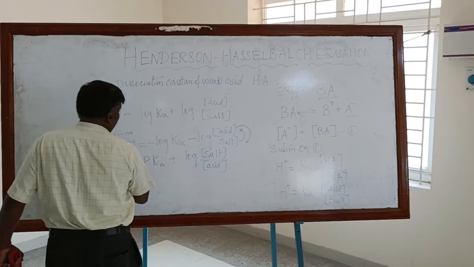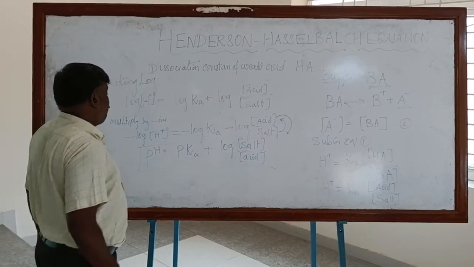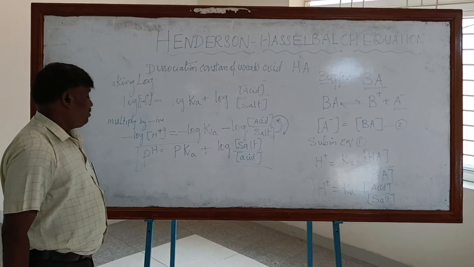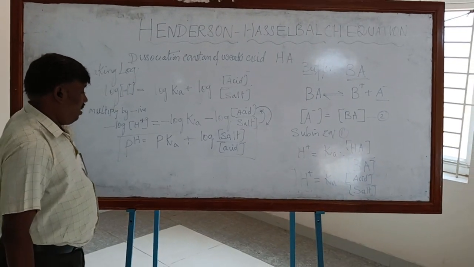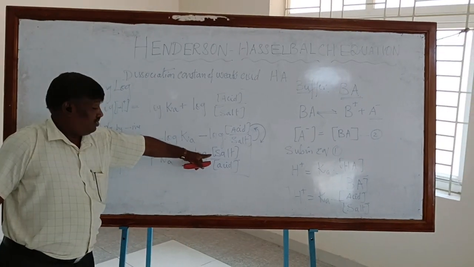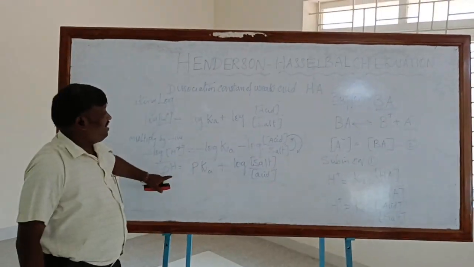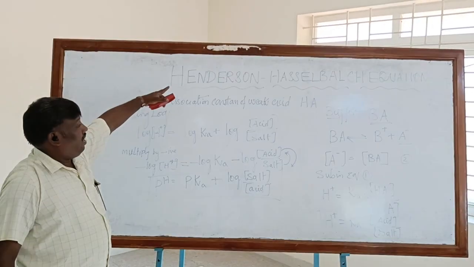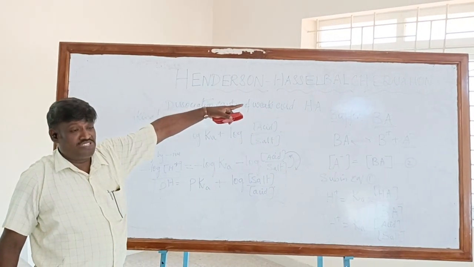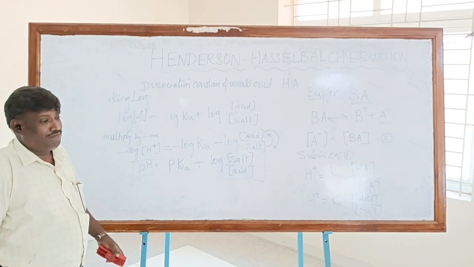So pH is equal to pKa plus log of concentration of the salt by concentration of the acid. So this equation is called Henderson Hasselbalch Equation for acidic buffer.